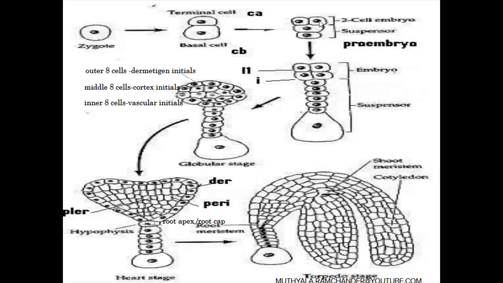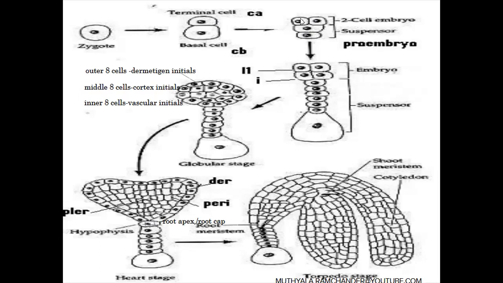The proembryo is a capital T-shaped structure. In this capital T-shaped proembryo, the upper 2 cells are developed from the terminal or CA cell, and the lower 2 cells are developed from the CB cell or basal cell.